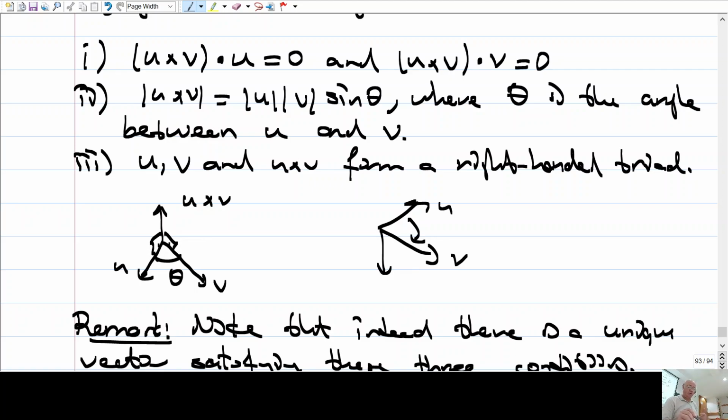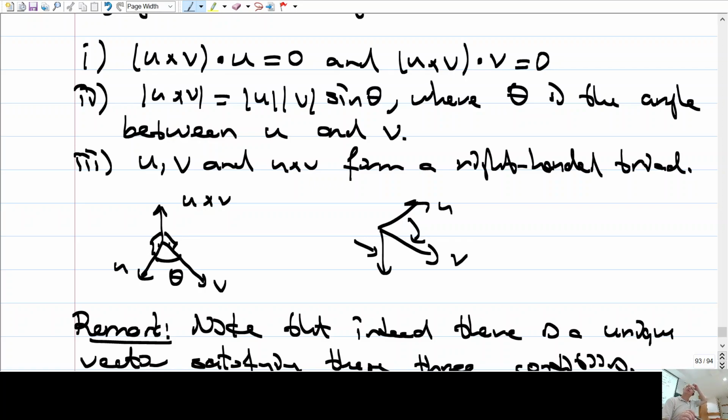What else do I need to determine u cross v? I need its length. But the length of this vector is determined by this formula. So the length is already determined. Therefore, if you give me these two vectors, I can draw u cross v.